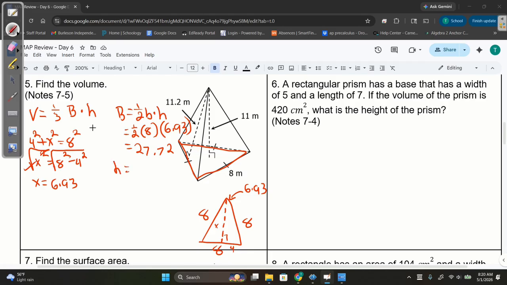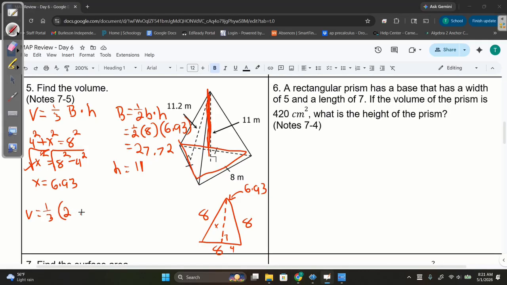The h here refers to the height of the pyramid itself, which is 11. With that, I can go ahead and plug in and find out what the volume is. The volume is 1/3 area of the base times the height, which gives me 101.64 meters cubed.